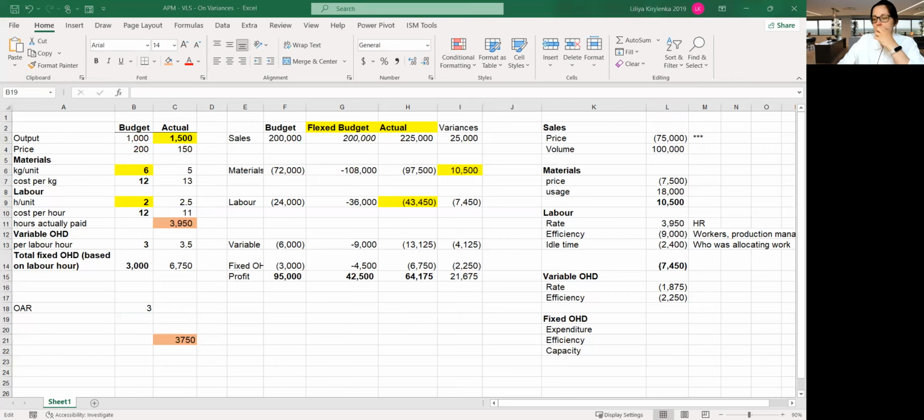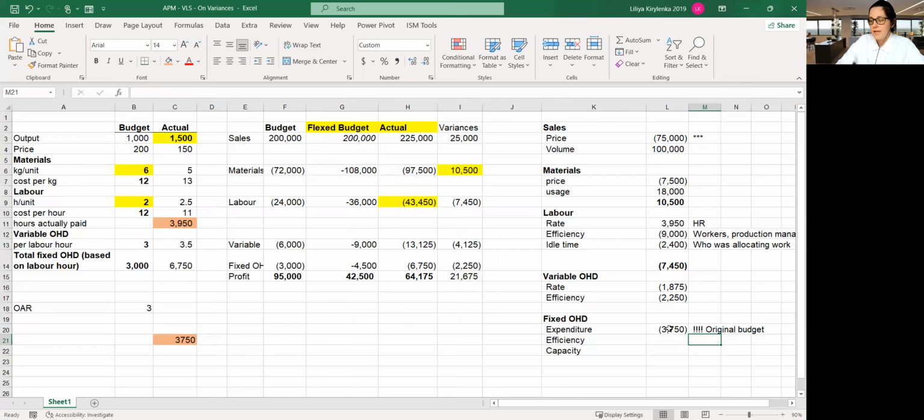So to calculate expenditure variance, we will need to find the difference between the actual overhead paid and the budgeted overhead paid. And that is going to be taken based on the original budget. So that is the only exception in this rule that we take flex budget.